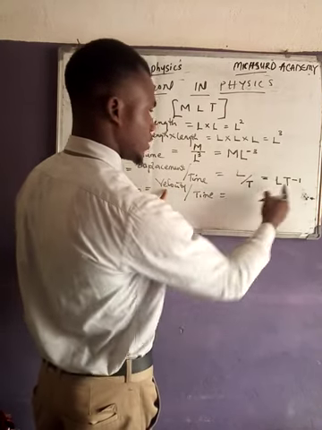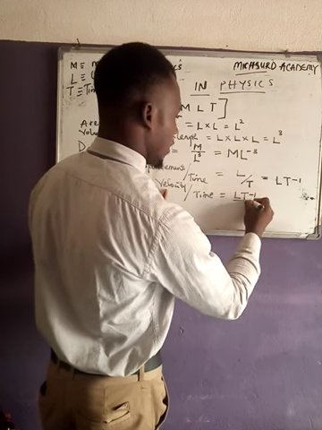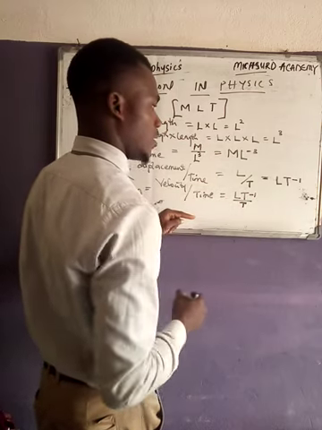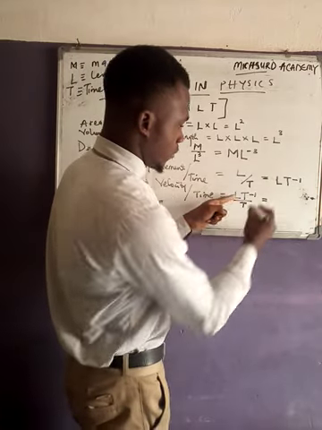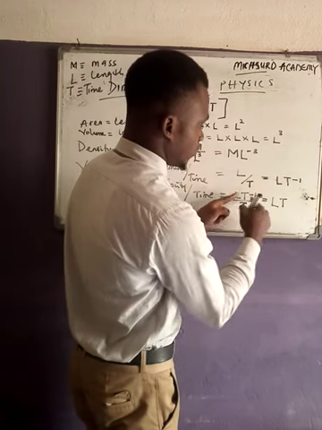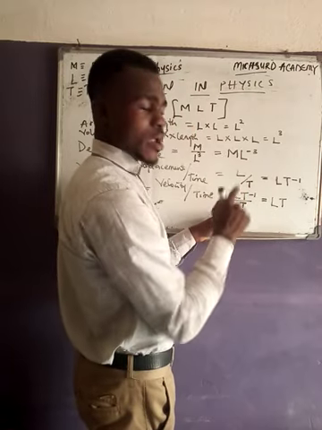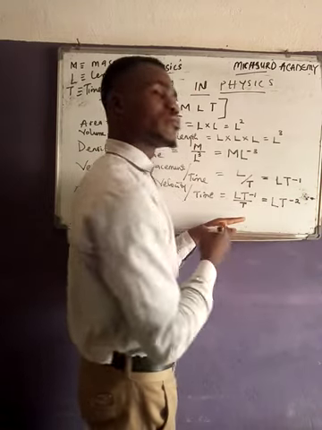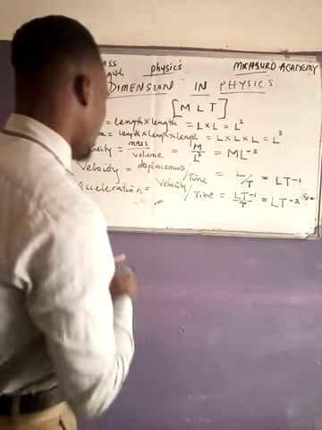The dimension for velocity is calculated as L T minus 1, all over the dimension for time, which is T. So we write our capital L here, then this other T here we move up, and it becomes T raised to power minus 1. From our indices, it will give us minus 2. So this becomes the dimension for acceleration.